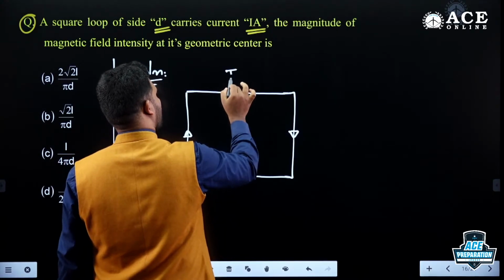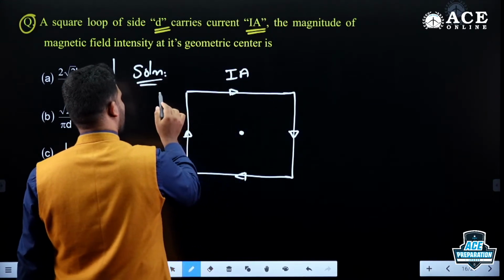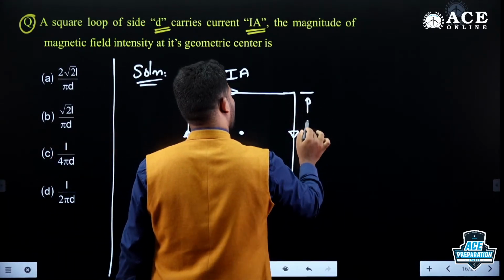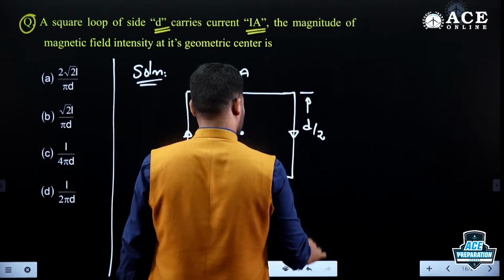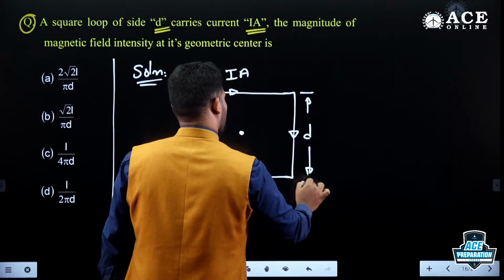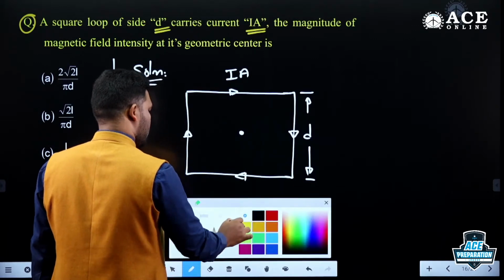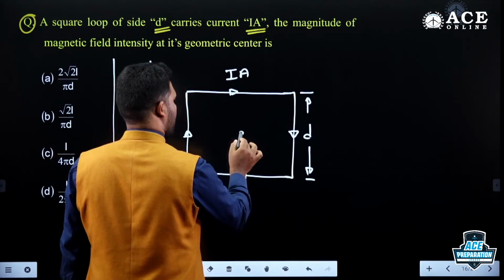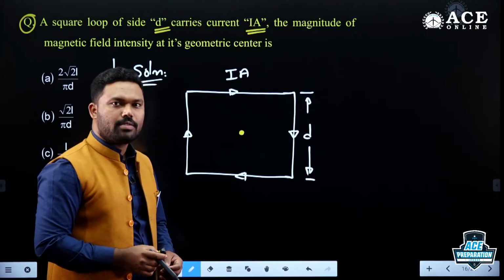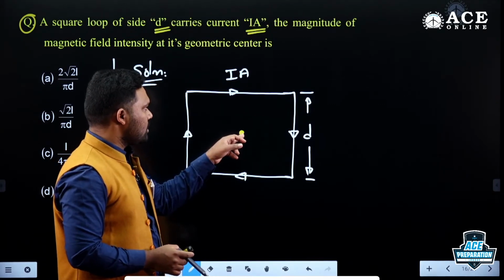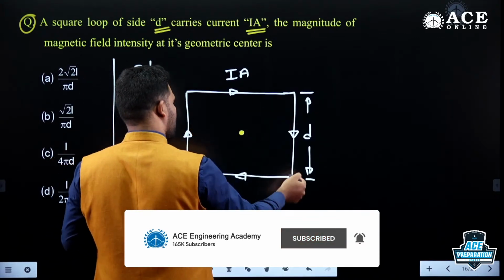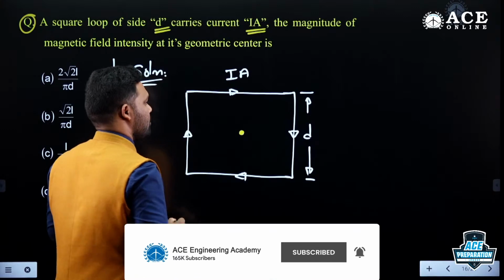And how much is the current flowing? I amperes. And what is the side of this one? The side of this one is D, sorry. He is asking what is the magnetic field here at the geometric center. There are 4 sections. Due to this section, this section, this section, this section.